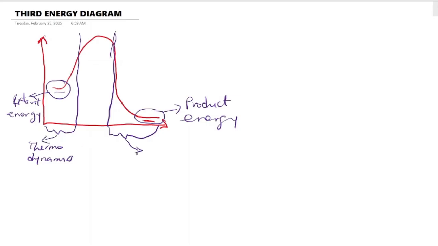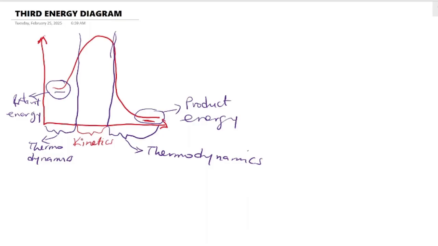And here you also have thermodynamics. Between this point and this point, you have kinetics. So I'll do that in red. Between this point and this point, to show you clearly, you have kinetics.